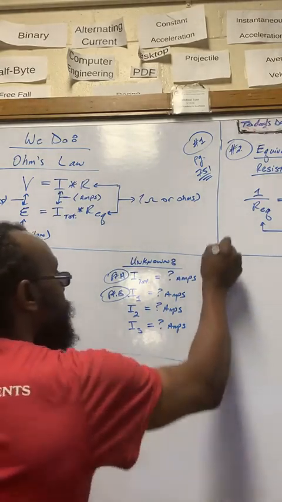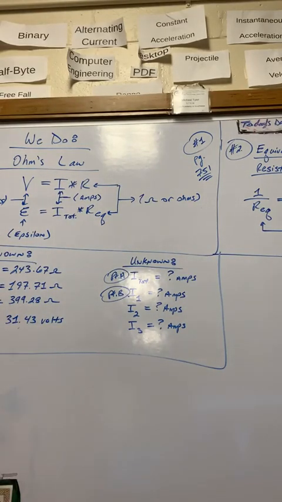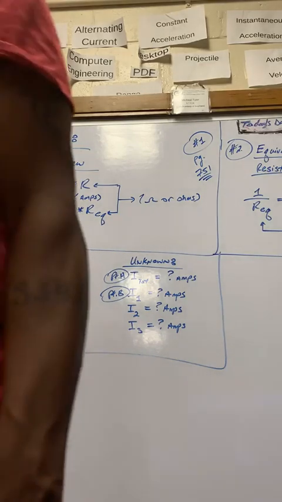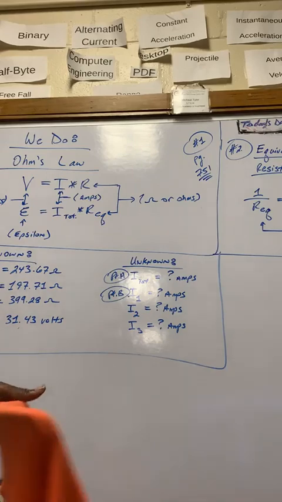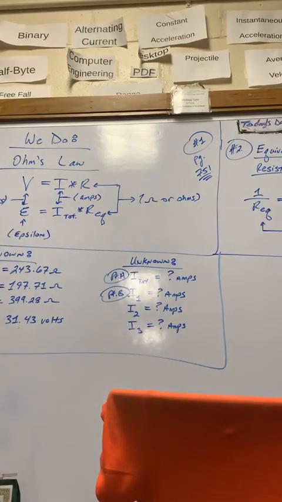Let's box this off. And we begin our quest for solving this problem. Part A is the biggest part. Part B falls apart easily after you figure out A. So let's do it.